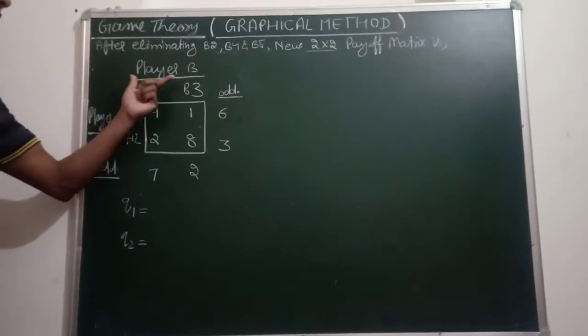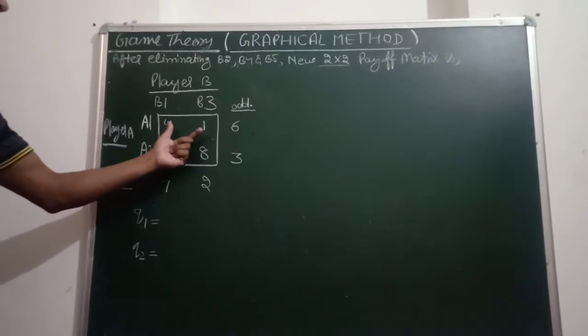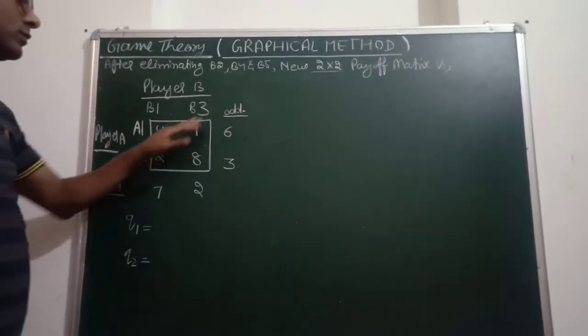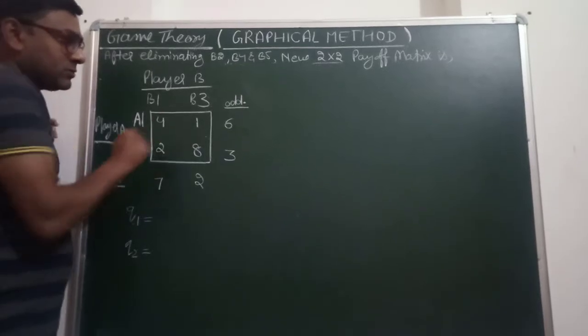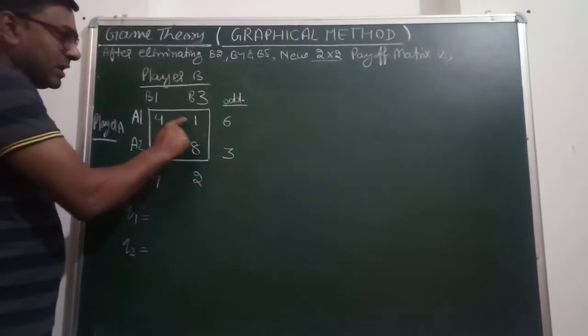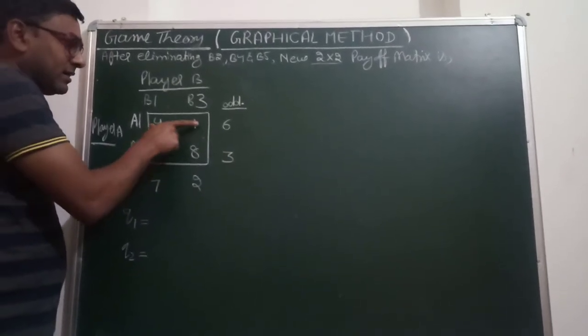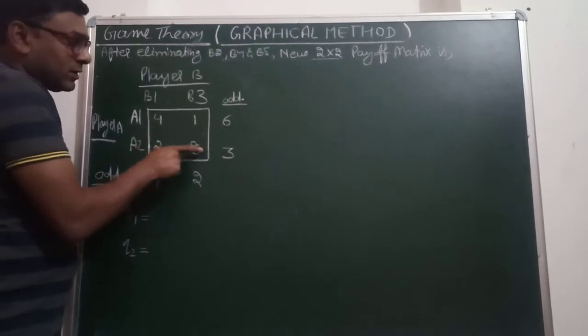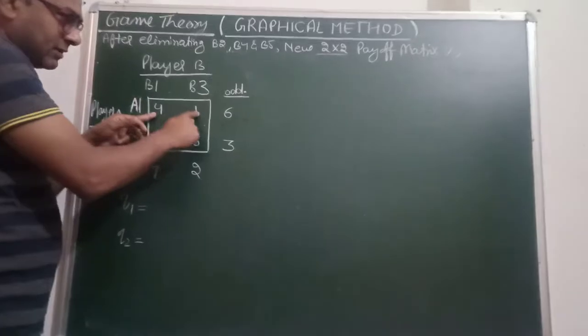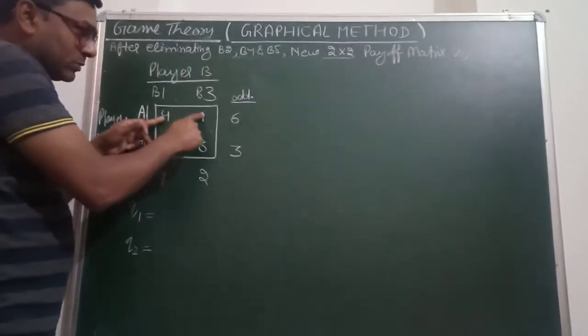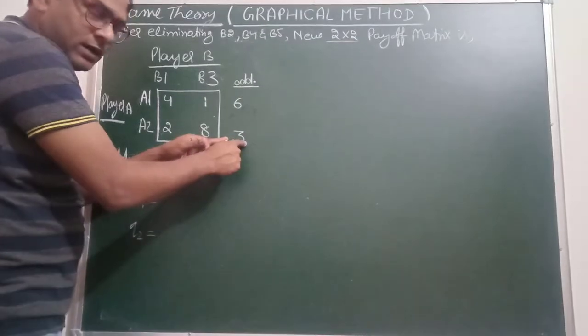For solving this problem using the arithmetic method, first of all we have to find the oddments for the rows and the columns. The oddment can be found by subtracting the minimum value from the maximum value and writing the value in front of the other row. Here the maximum value is 4, the minimum value is 1, so subtracting 1 from 4 gives 3, and we write the 3 in front of the other row.